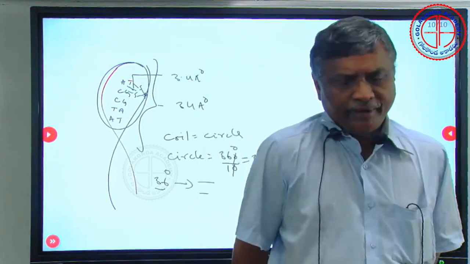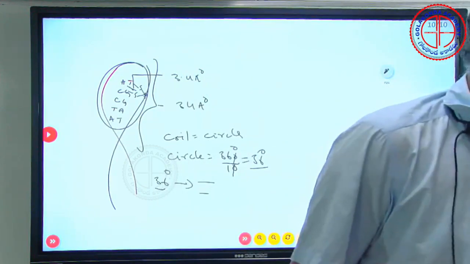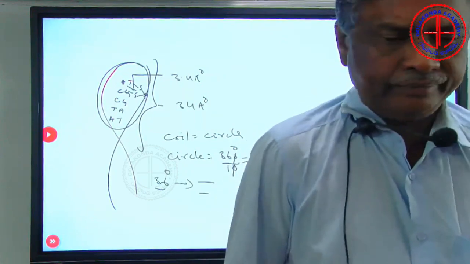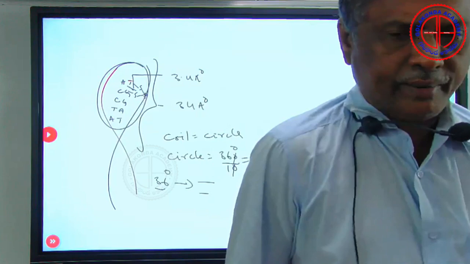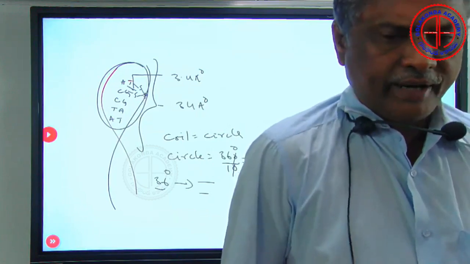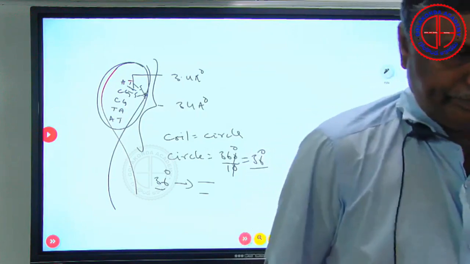So in between a pair of coil, 360 by 10 is equal to 36 degrees.